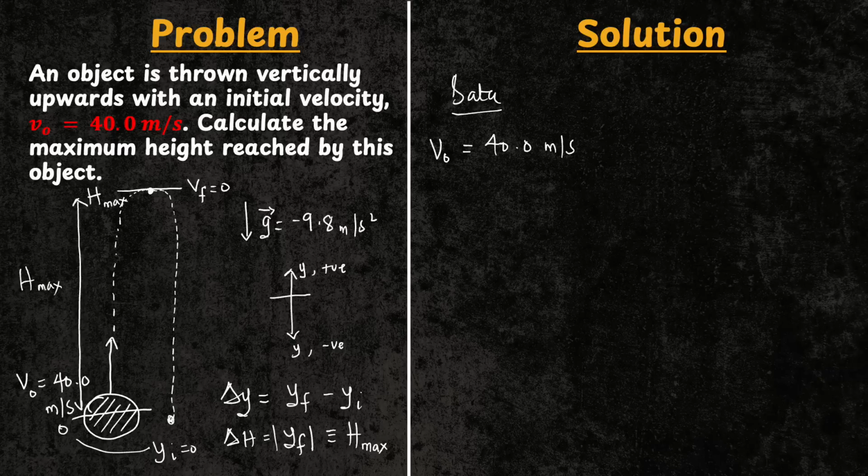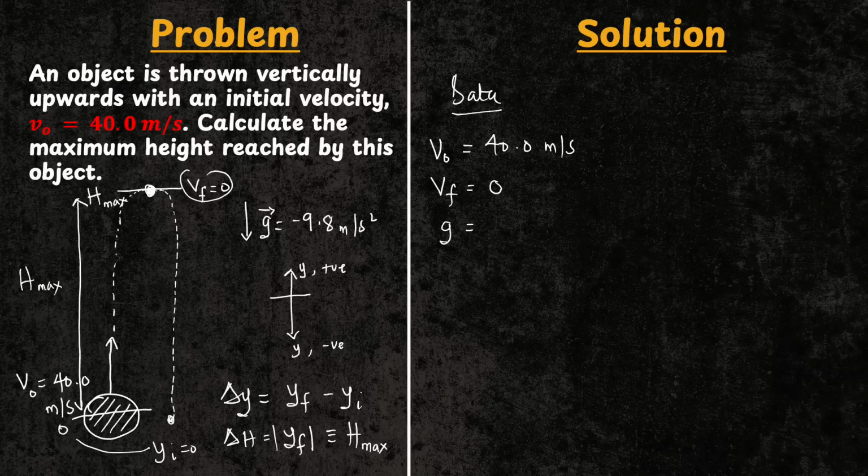And then at the maximum height, we know from the first part of this video, that the object, because it's decelerating, is going to slow down until it stops momentarily. And at that point, the velocity is 0. So we call the final velocity 0.